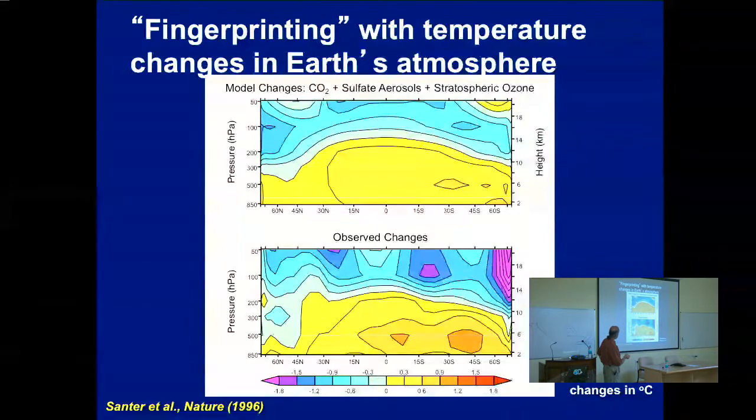So broadly, you're capturing things. Sure, this amount of detail is not seen, but you're able to tell that this pattern is a combination of 3 things that are all anthropogenic, right?